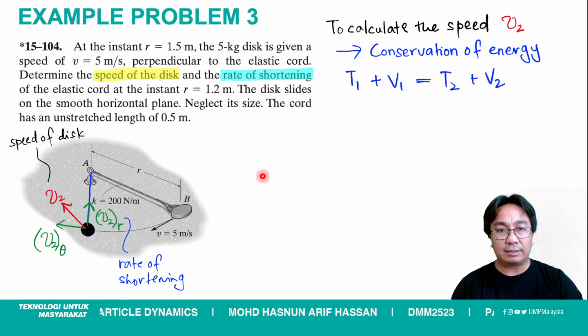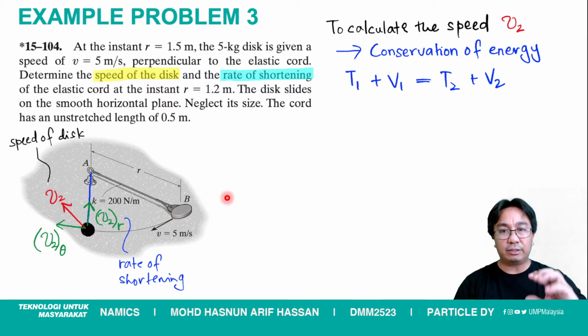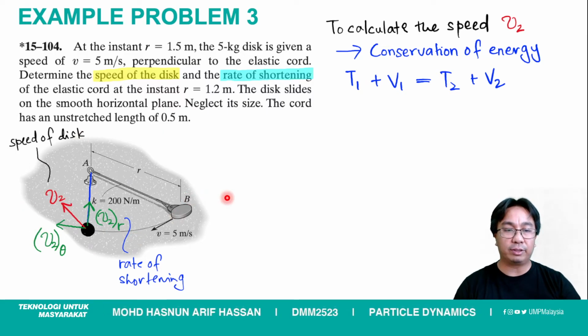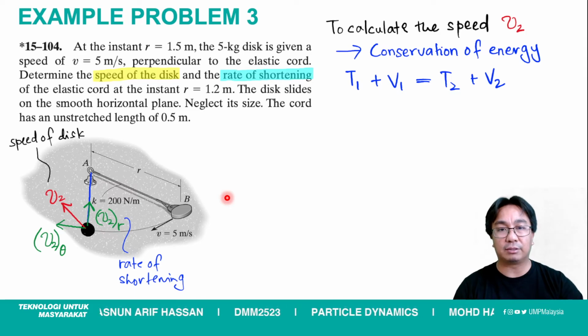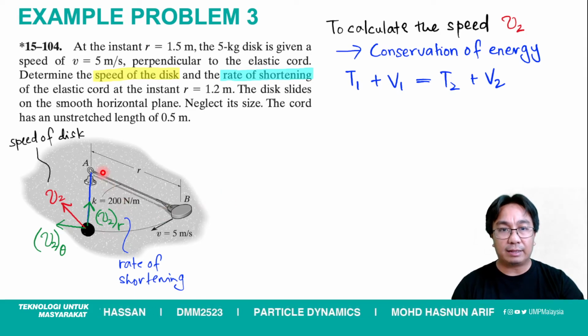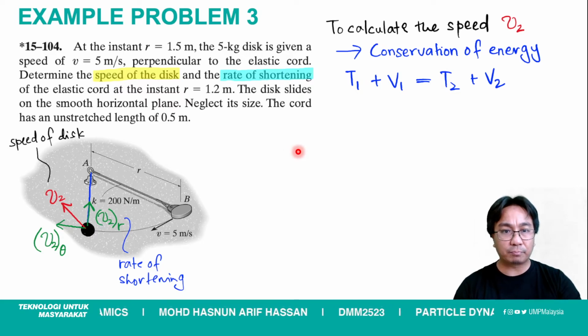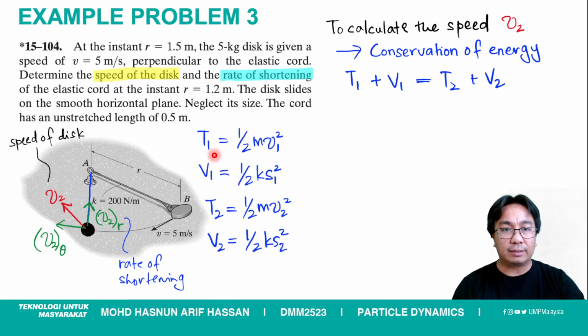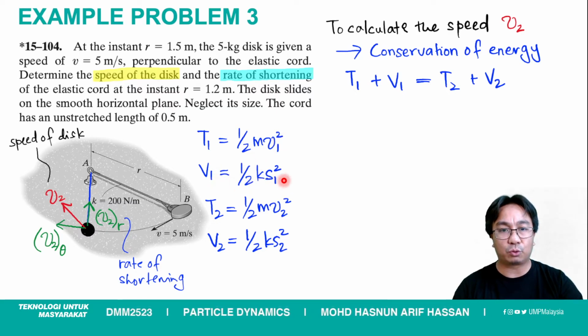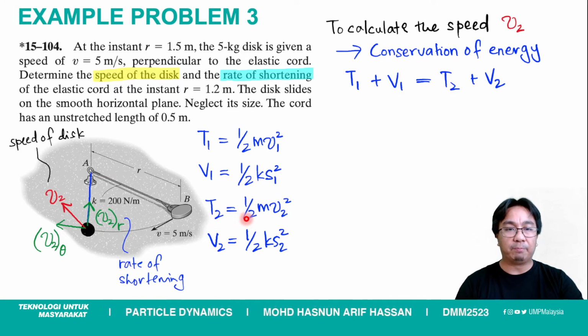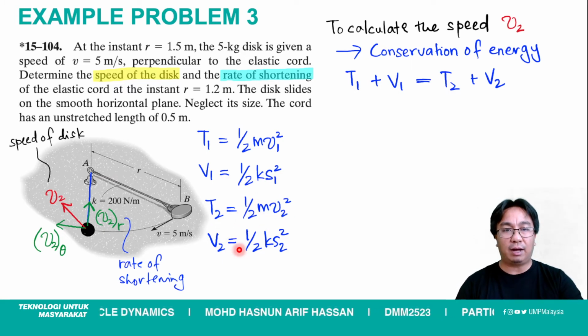In this case, there is no change of height, therefore no gravitational potential energy. But since the cord is elastic, there is an elastic potential energy. So T1 is half m v1 squared, V1 is half k s1 squared, T2 is half m v2 squared, and V2 is half k s2 squared.